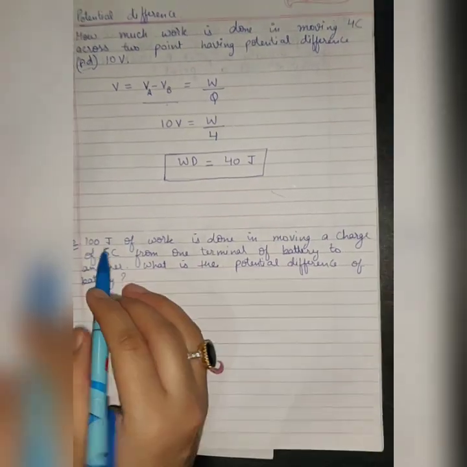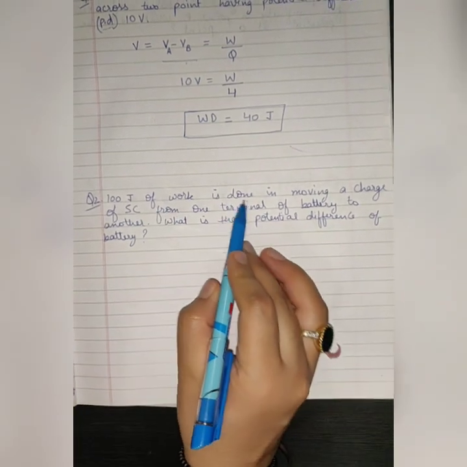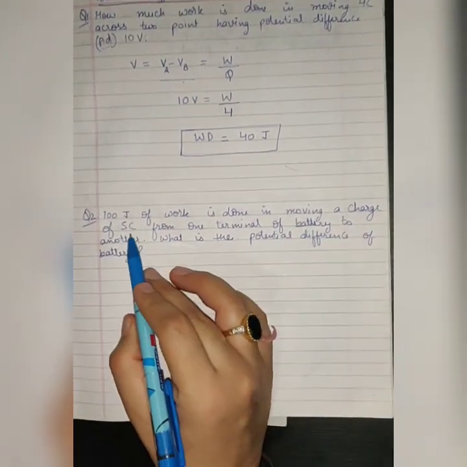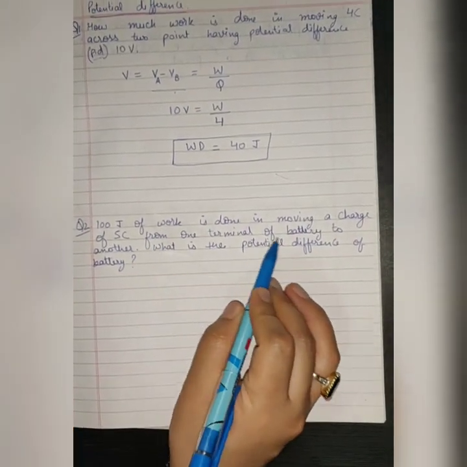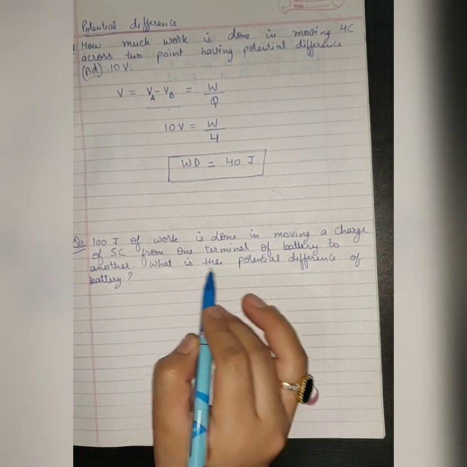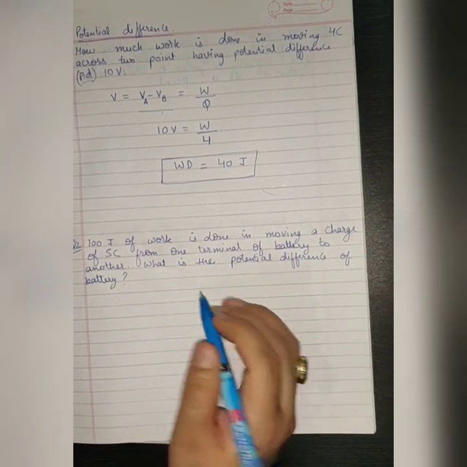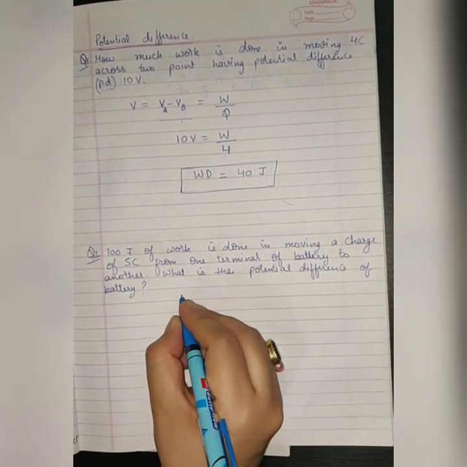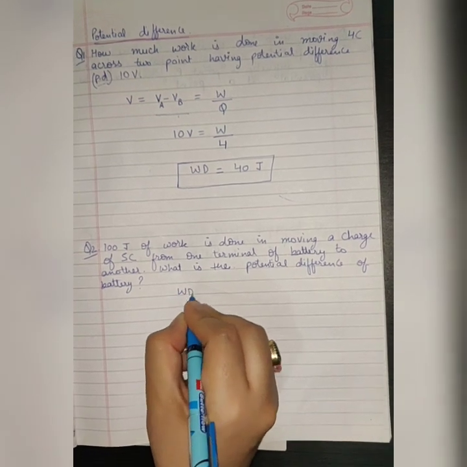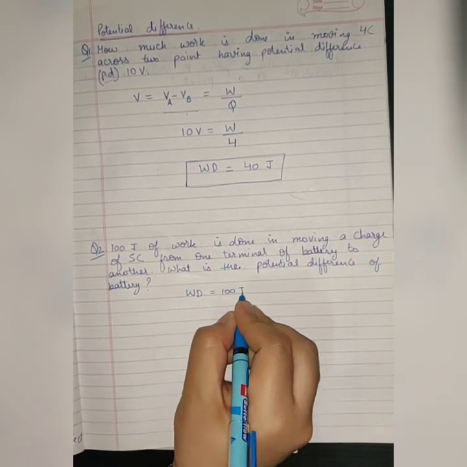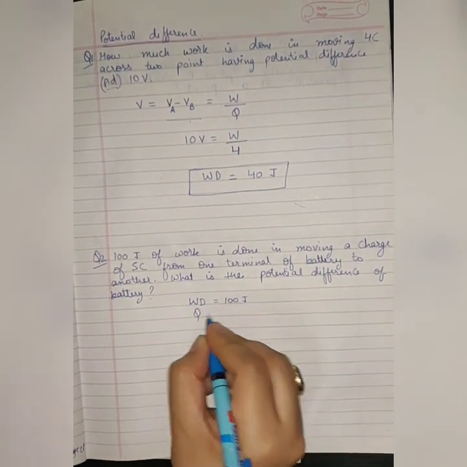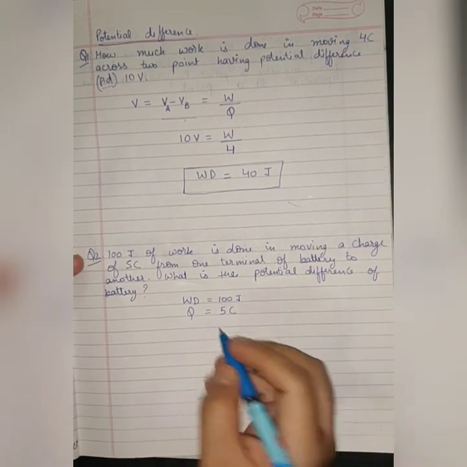Second question: 100 joule of work is done in moving a charge of 5 coulomb from one terminal of a battery to another. What is the potential difference of the battery? Here you have work done as 100 joules and charge as 5 coulomb.